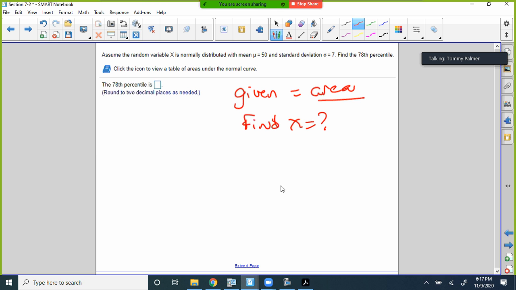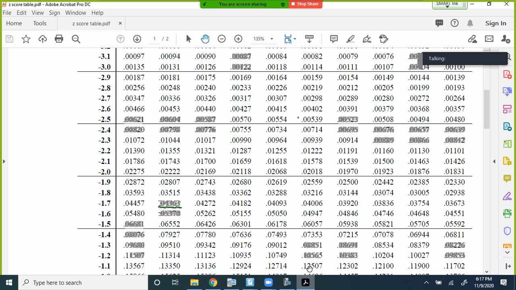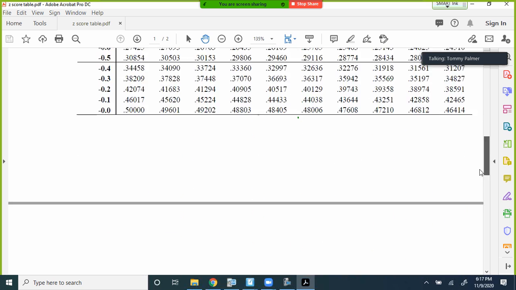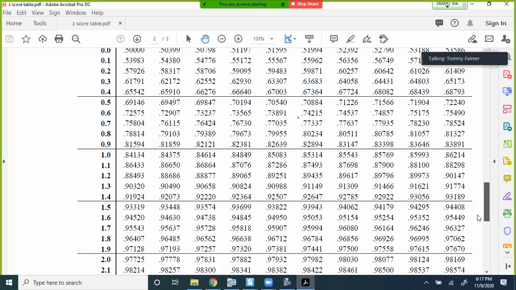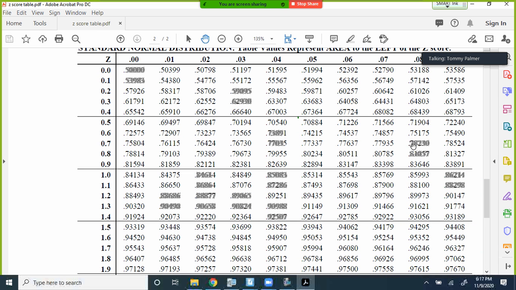Now, you can do this by hand. Sure can. This 0.78 happens to be the area. So if I went and looked at the table over here, I go, okay, I need an area to be 0.78 or pretty daggum close, right? So that's 0.7823, right?